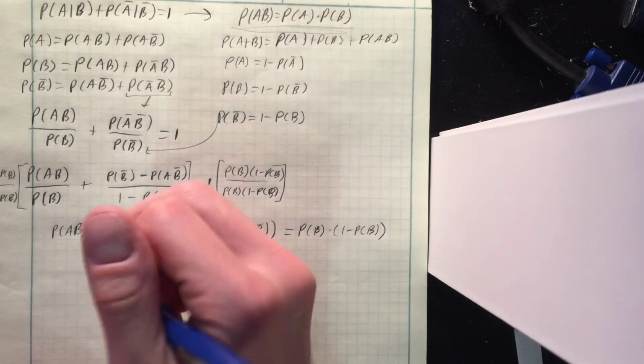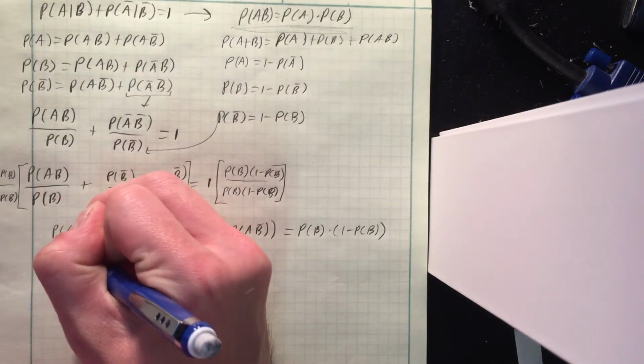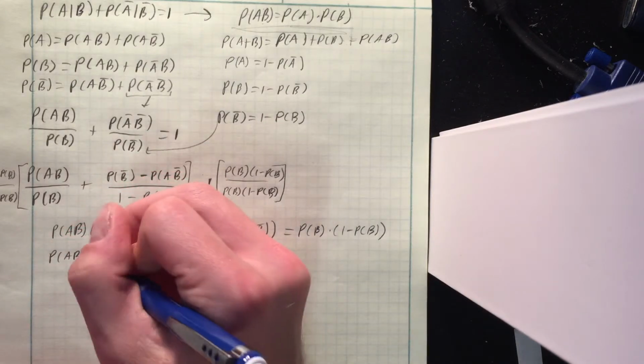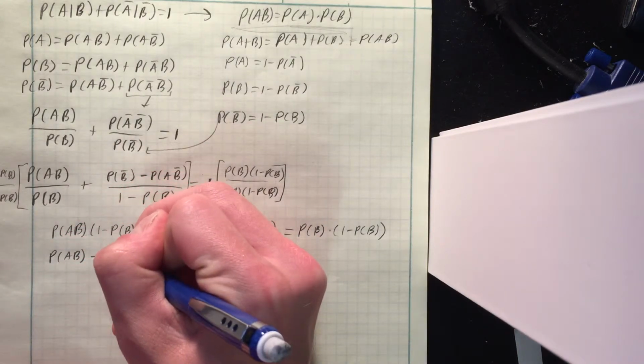So let's see what we can do if we distribute that all out. Probability of A minus the probability of AB.